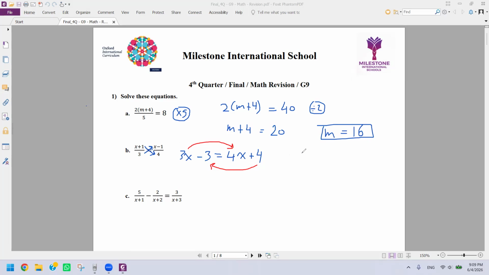So 4x minus 3x, when I bring this one, equals to, now minus 3 stays here. And then we have plus 4, it goes to the left, it will be minus 4. Now let's simplify 4x minus 3x, it's x. Minus 3 minus 4, they have the same sign, it's minus 7.